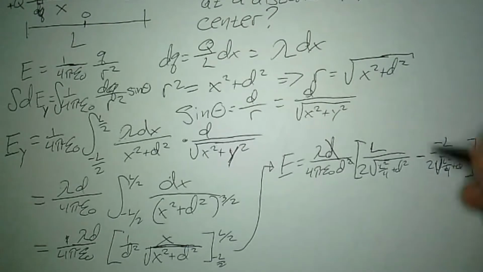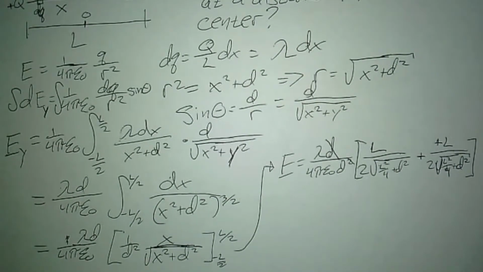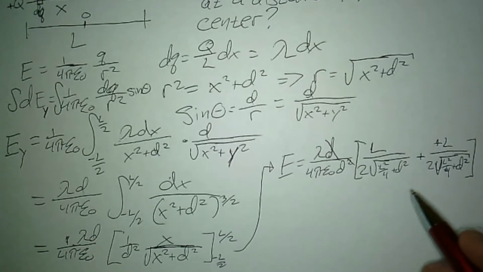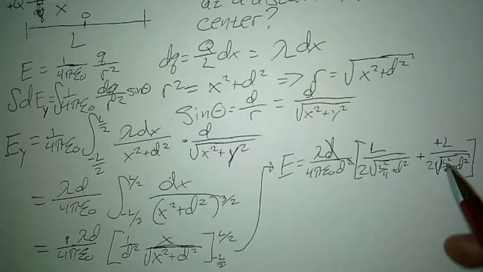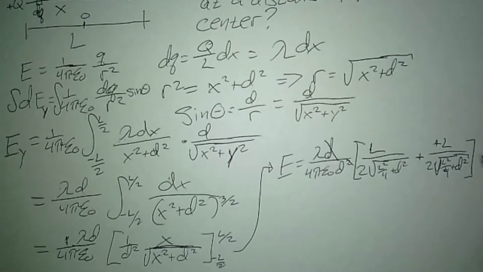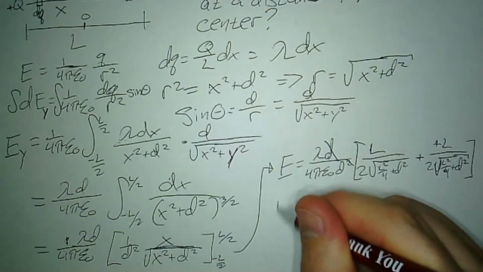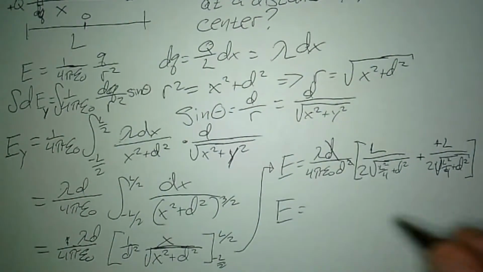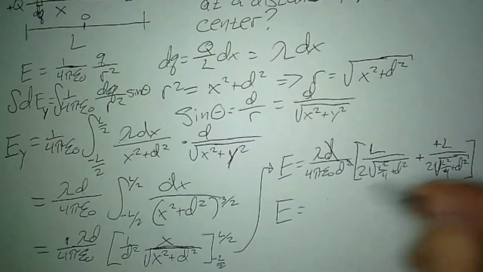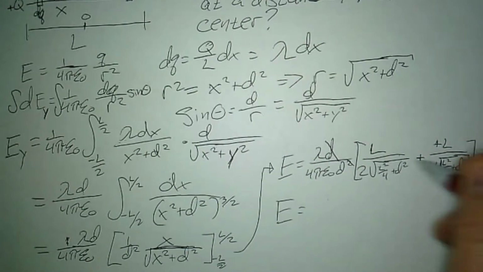Right? So these 2 minuses cancel and turn into a positive. So now these are the exact same term. Well, technically this is minus L squared, but we squared the L, right? So it doesn't actually matter. So then electric field is equal to, yeah, those are going to go away.